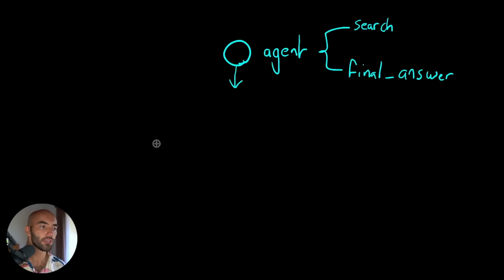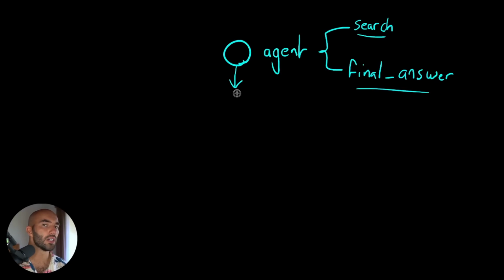Now, because there are two tools here, we have two alternative paths that we could go down. And this is another component of LangGraph graphs, which is called a conditional edge. Now, a conditional edge is what it sounds like. It's an edge or a couple of edges that are conditional on some sort of condition being satisfied. The condition being satisfied here will be whether our agent has decided to go with the search or the final answer tool.